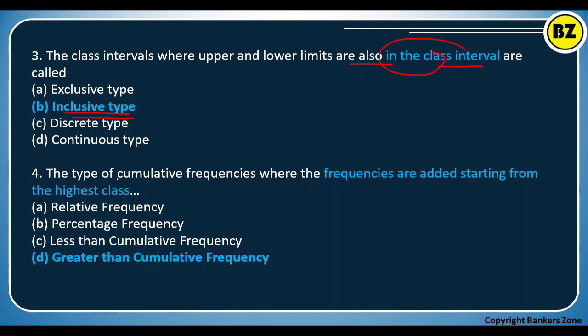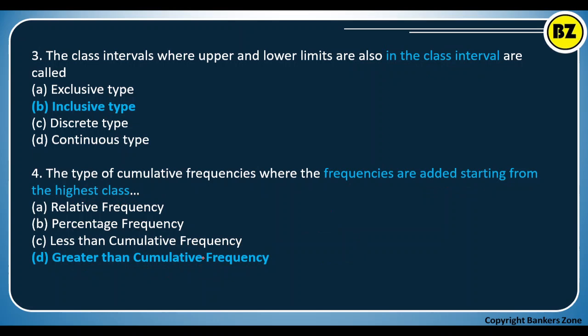Now, the type of cumulative frequency where the frequencies are added starting from the highest class is, as I have already told you while doing the problems: if you are adding from the highest class, it will be the greater than cumulative frequency. If you are adding from the lower class, it will be the less than cumulative frequency.